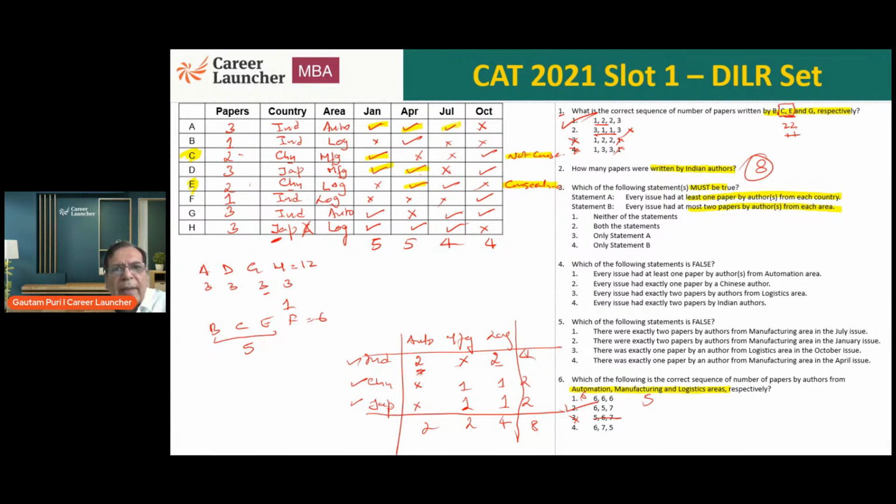July, one Indian. Then we have Chinese and Japanese. So yes, all 3 of them. Okay. And the last one, this is Chinese, Japanese, Indian, Indian. So statement A is correct because every issue has at least one of those. Just erase this so that when we do more work, it won't interfere with what we are doing.